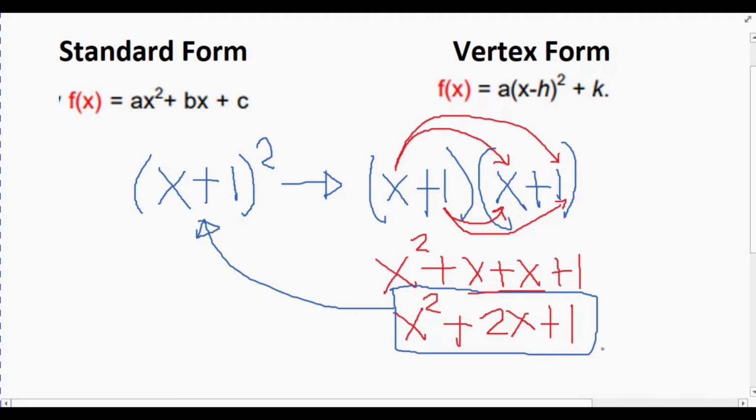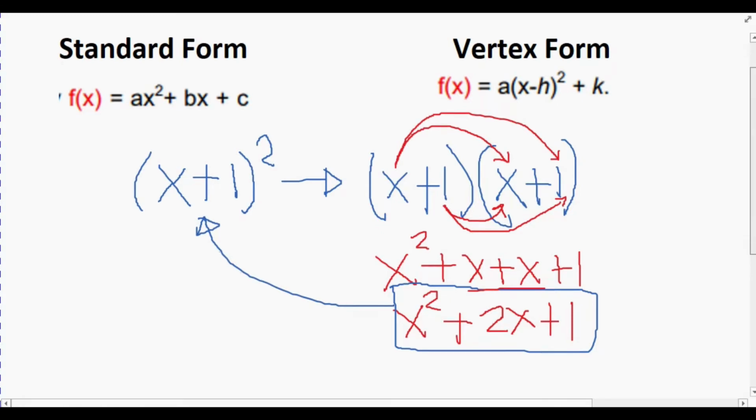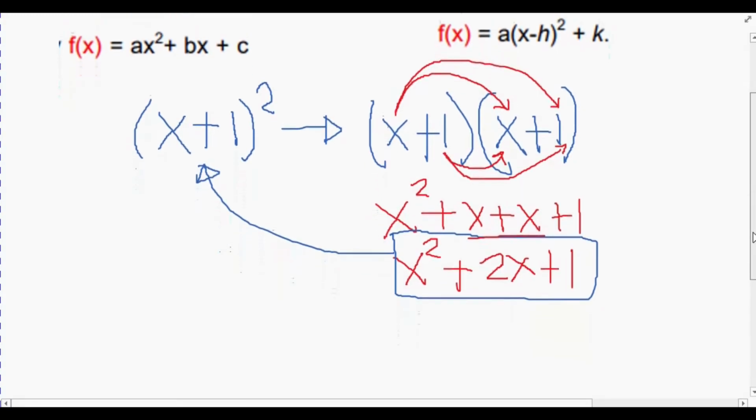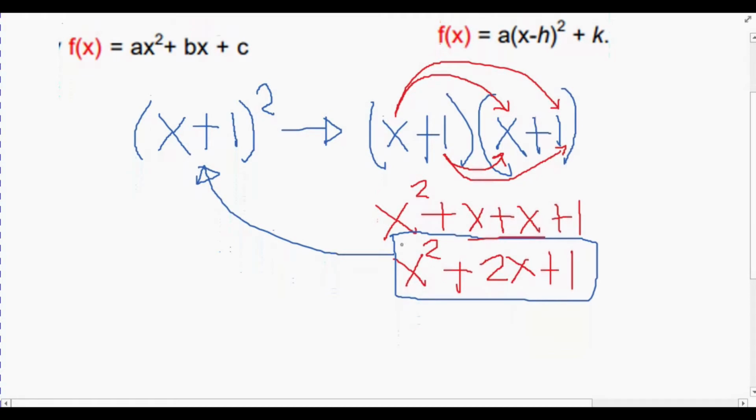Now let us take note of the pattern that we can get here. If you notice, the middle term is twice the product of the first term and the last term. So we have 1 here, meaning 1 times 1 equals 1, times 2. So that is our middle term.